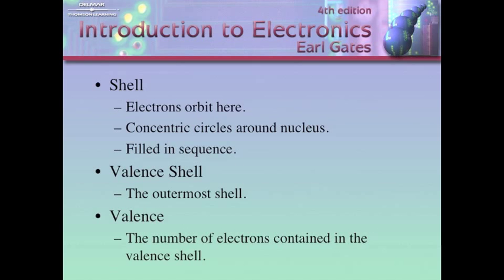Another term you need to familiarize yourself with is the term shell. Shell is where the electrons orbit. Shells form concentric circles around the nucleus.